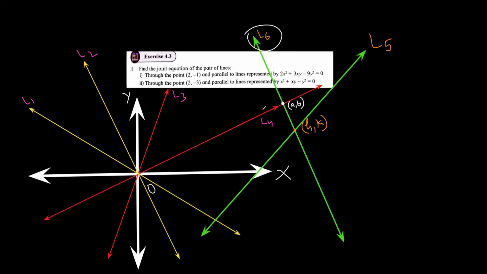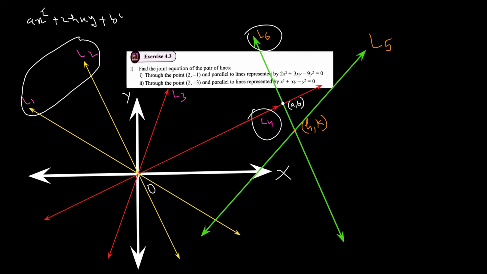So when you have the combined equation of L4 with L6, you will not have a homogeneous second degree equation in X and Y. If I write the combined equation of L1 and L2, I will get it in the form ax square plus 2hxy plus by square equal to 0, a homogeneous second degree equation in X and Y. But when I write the combined equation of L4 with L6, it won't be like this.